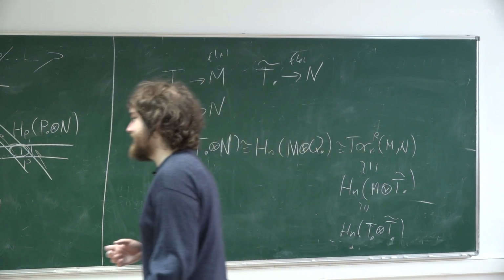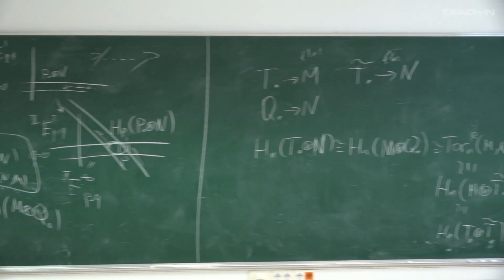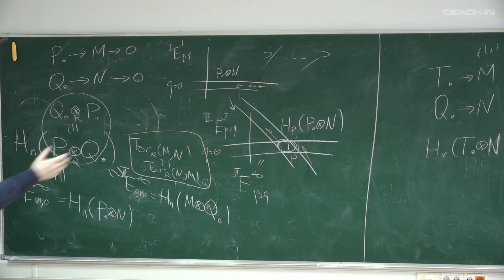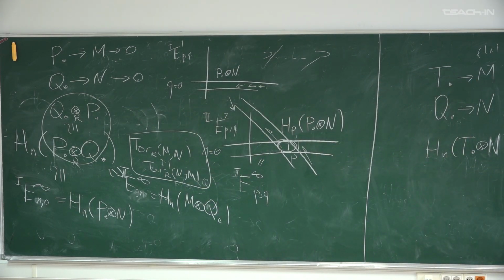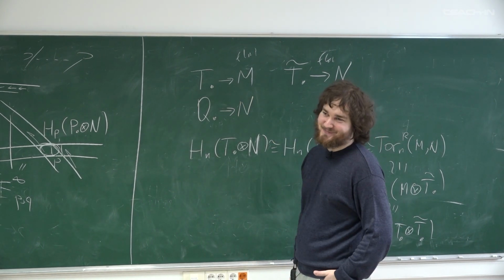Moreover, in fact, you can use not just flat resolutions. Maybe a little bit of a mess here, but it's from all. Maybe from this definition, in fact, I don't even need that T is flat.